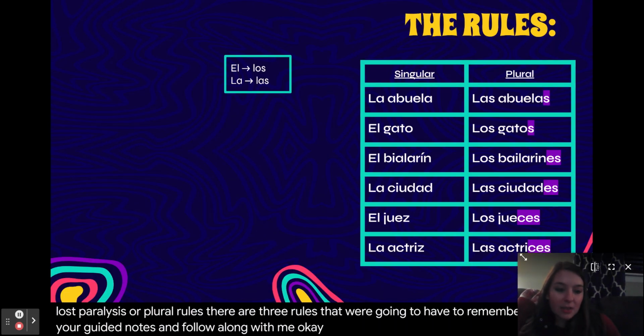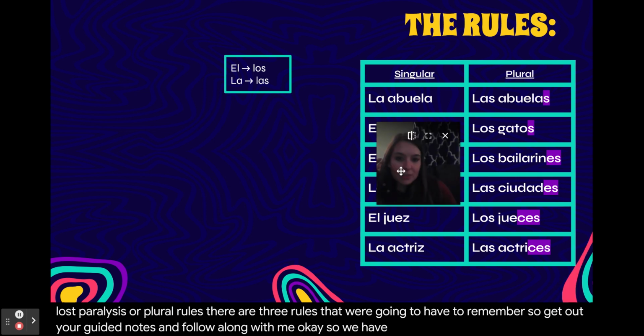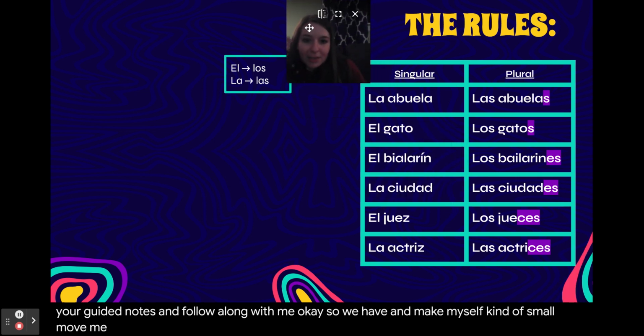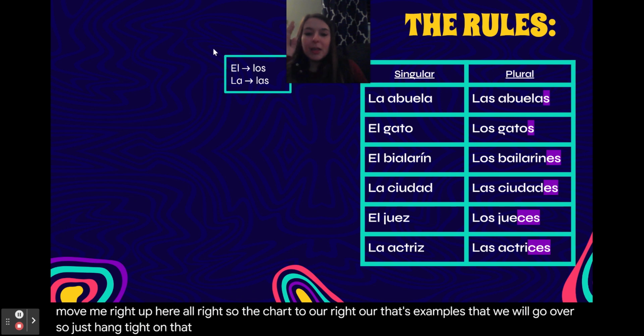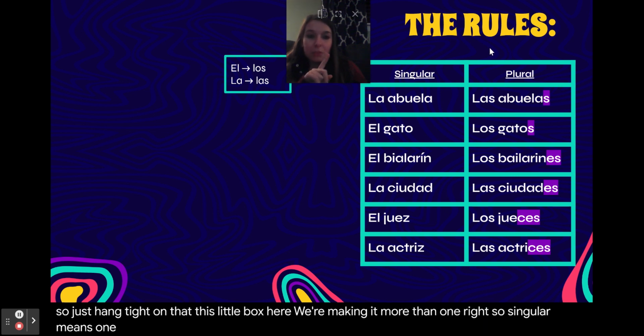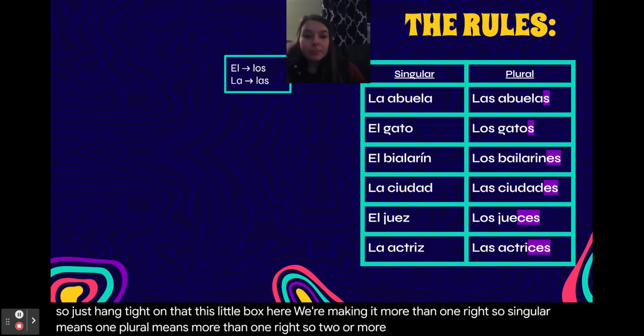Okay, so we have the chart to our right, which has examples that we will go over, so just hang tight on that. This little box here: when we make a word plural, we're making it more than one, right? So singular means one, plural means more than one, so two or more.